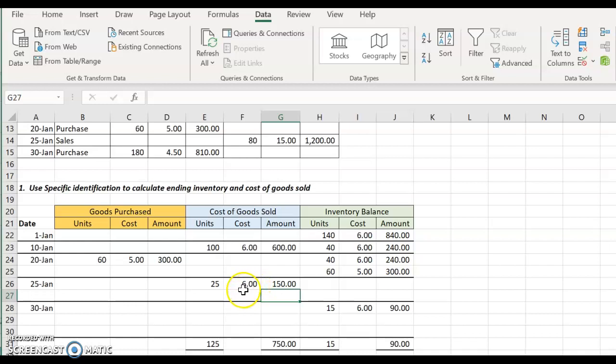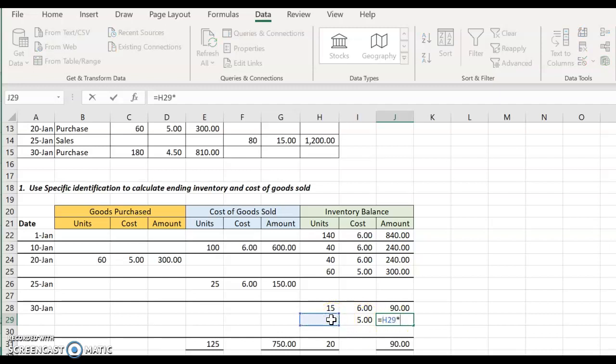In the next group, it tells me that I have 5 remaining from the January 20th purchase. So that's this group. I only have 5 of those remaining at $5. And so I've sold 60 minus the 5 remaining.